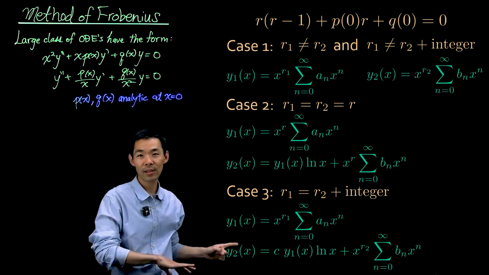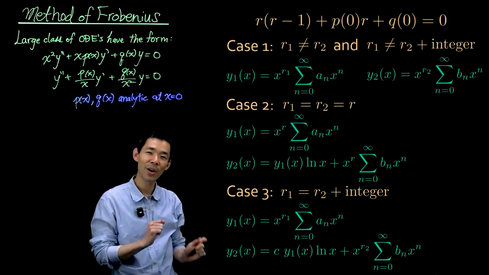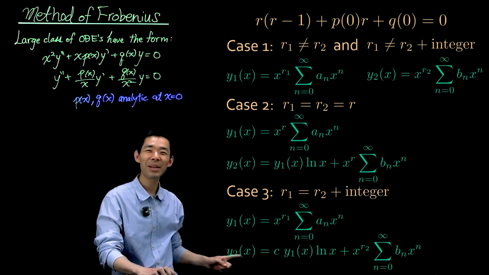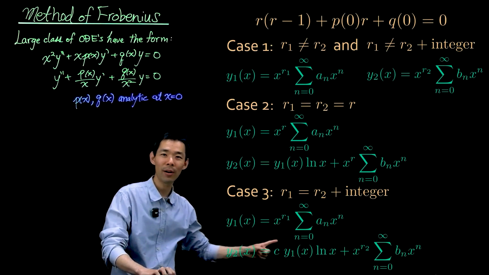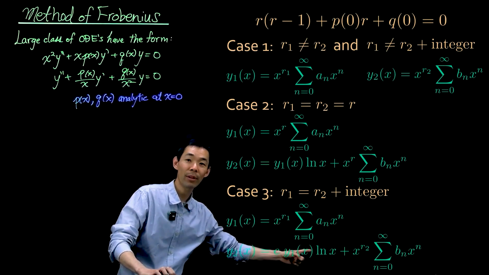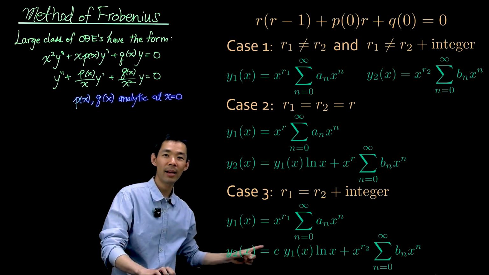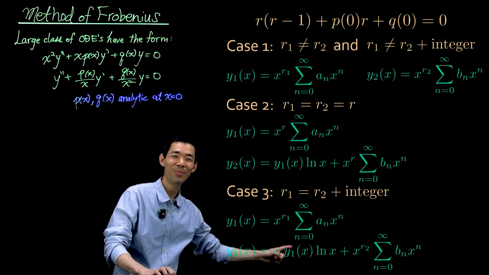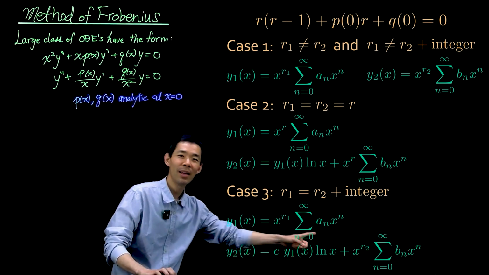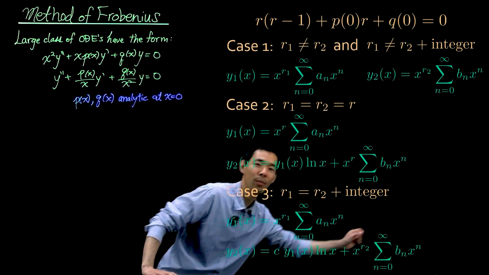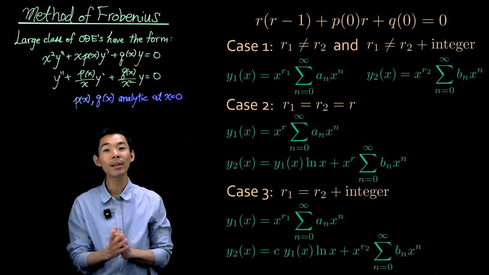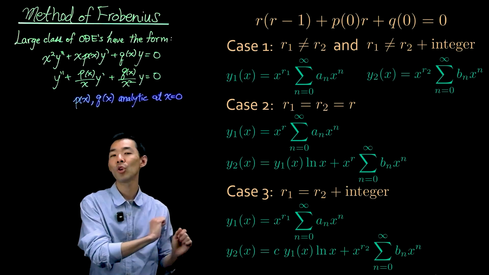Now, the second solution tends to differ a little bit based on what your roots are. So in case 3, what you're going to do is take that solution from earlier, y1, multiply it with a log, and add another unknown prefactor c, and then plus the rest of the part, which is similar to everything else. So now, in this particular case, you do the same thing.